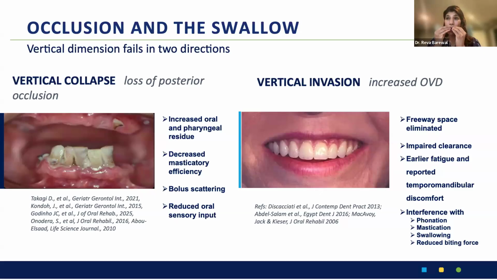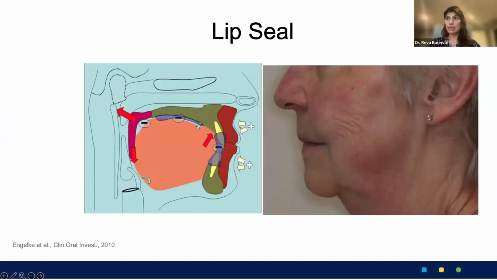Well, when your teeth are right up against each other, your jaw doesn't have a normal resting posture. The muscles are always activated and you get TMJ discomfort. But they also notice interference with phonation, mastication, swallowing, and a reduced biting force. So those are two things to consider.